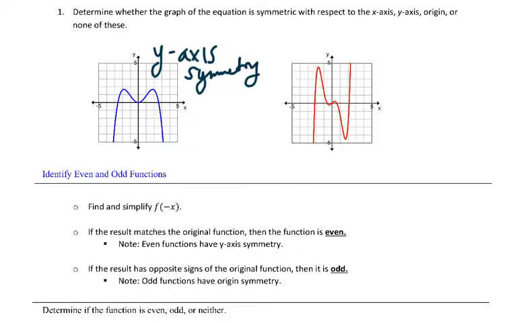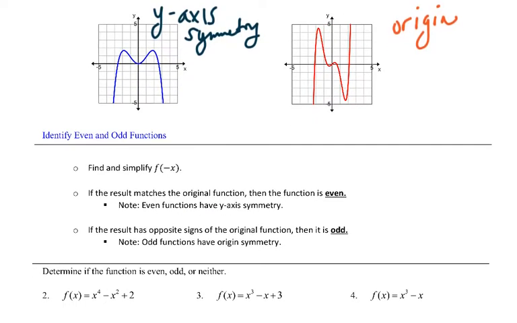And so therefore we say that this has symmetry with respect to the origin. Because again, if I were to reflect over the y and then reflect that point over to the x, it goes to an original point on the graph for every point on this function.